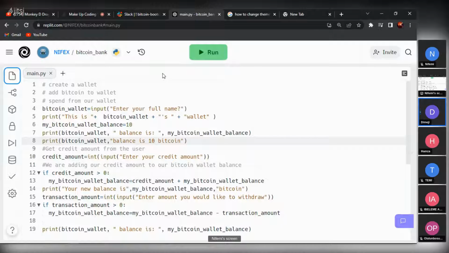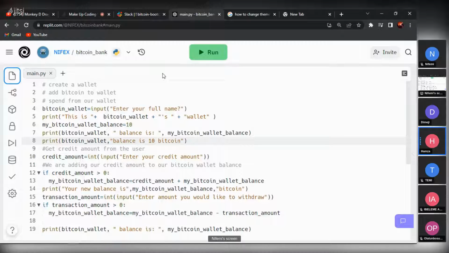All right. Hamza, can you tell Anu what you understand? Sir, I understand like the Bitcoin wallet in line 4. I'm entering my own name, so it's signifying it is my wallet. Then in line 5, it says this is Bitcoin wallet.